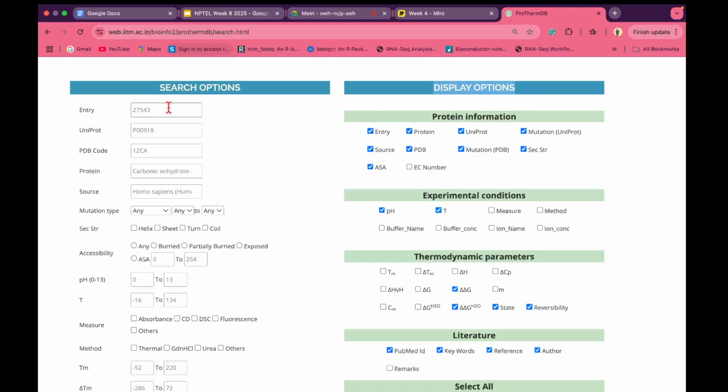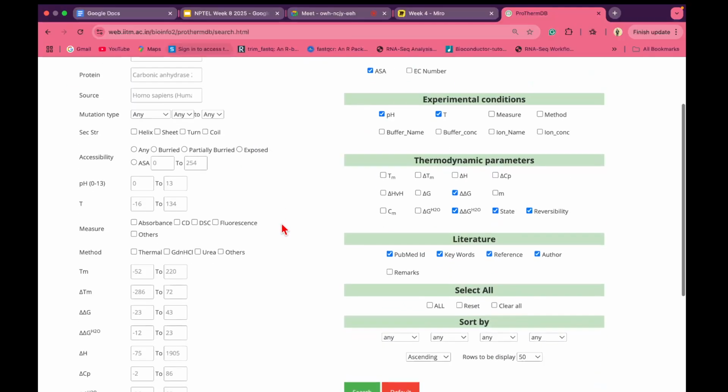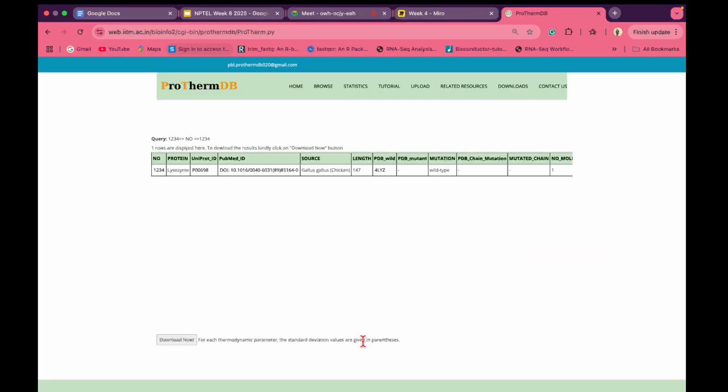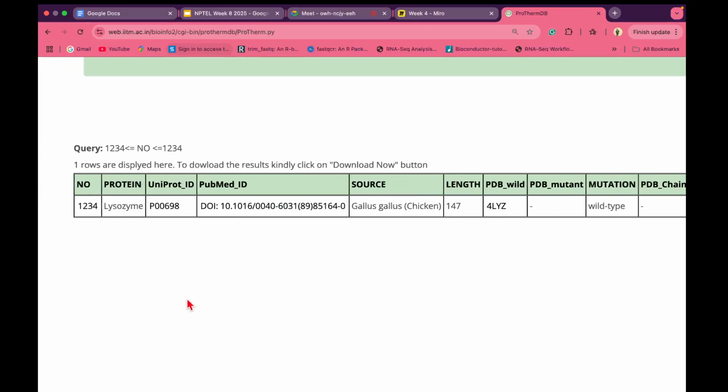So here, let me enter any ID, 1234, and see the information. I want to see all the information that is available for the entry 1234. Search. Yeah. So here the results are shown.